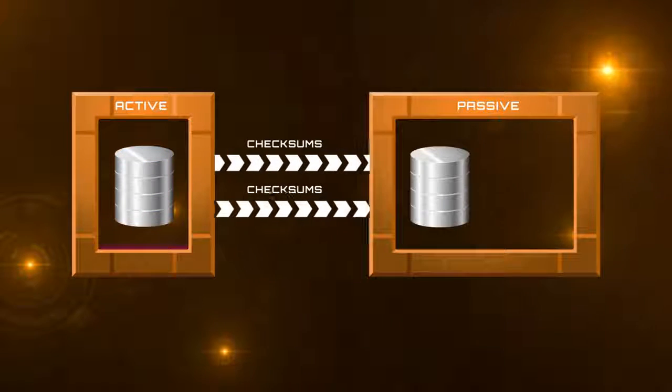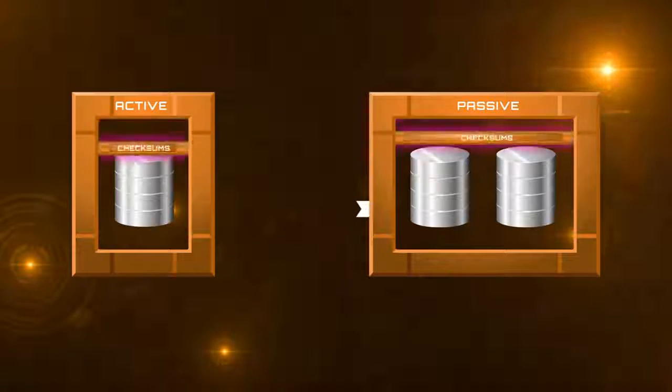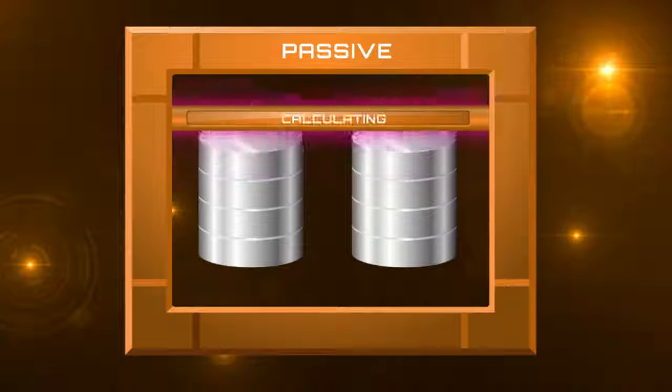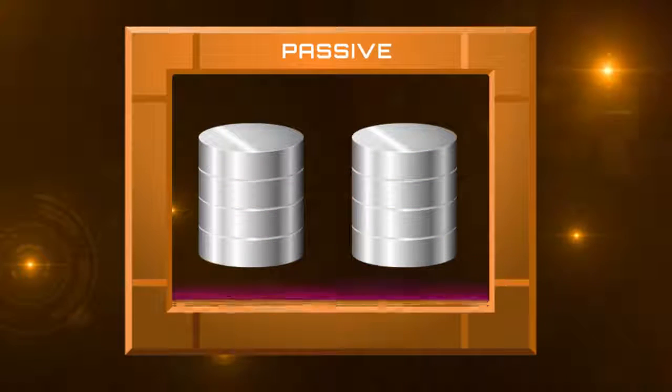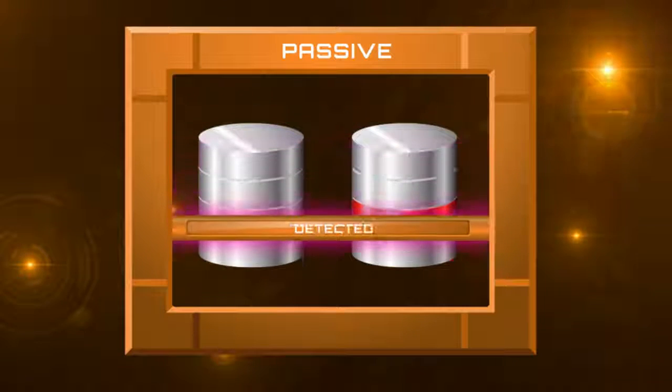And we ship them using the log shipping process that we have within the database availability group today from active to passive. And the passive nodes compare the checksums of their own copy of the database with that from the active and detect if divergence has occurred. And if divergence has occurred, that means there's a logical corruption either in the active or the passive. And we'll let the admin know this has happened, hopefully before the CEO calls them and tells them there's a problem with their mailbox. Right.